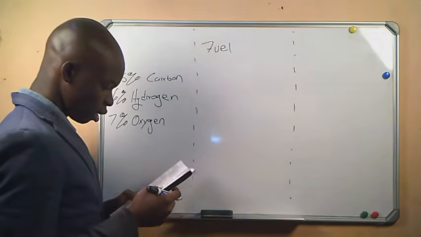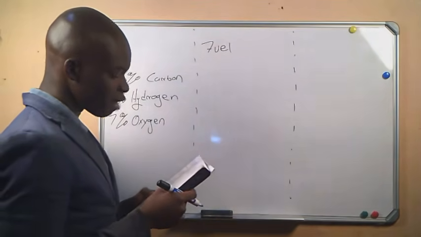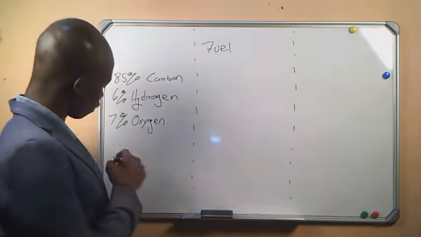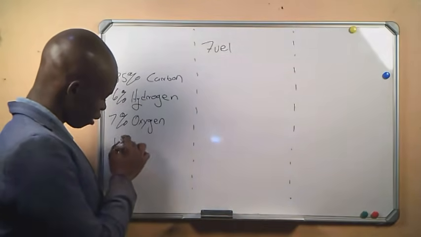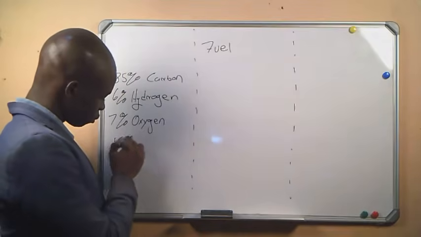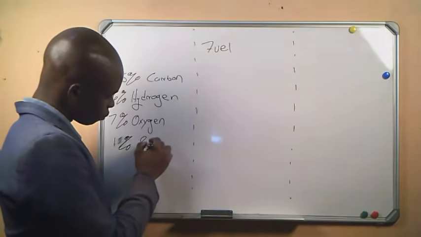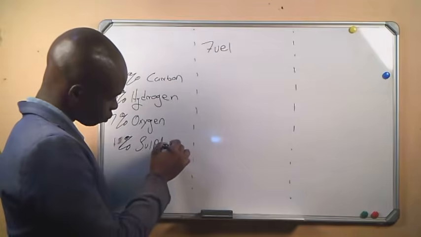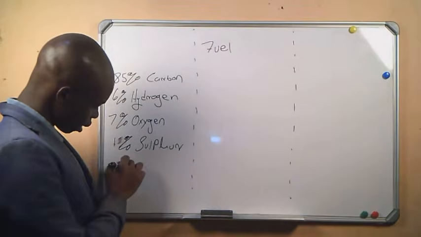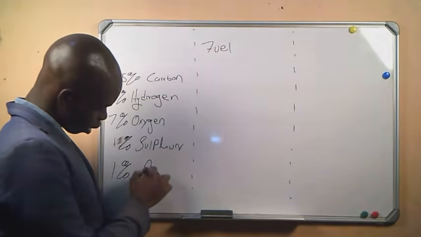And then they say 1% of sulfur, and ash is 1%.